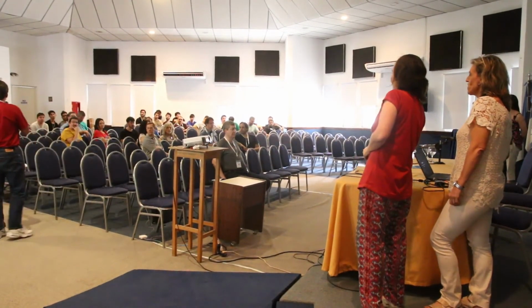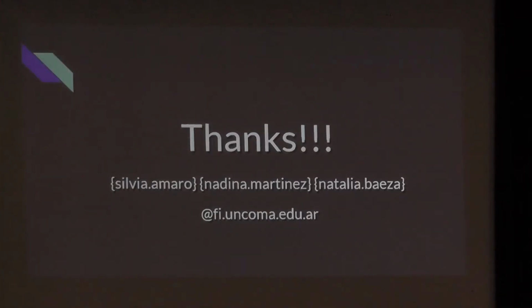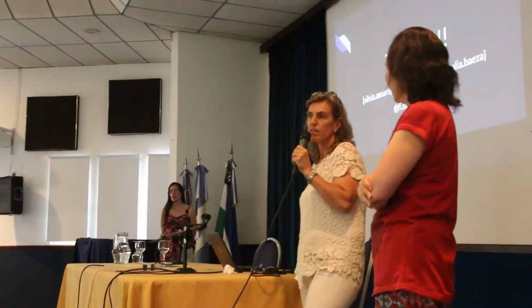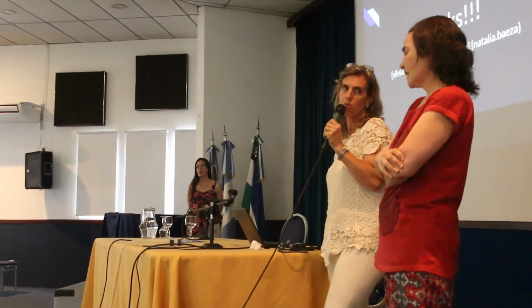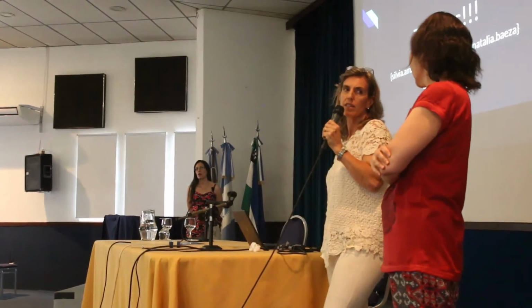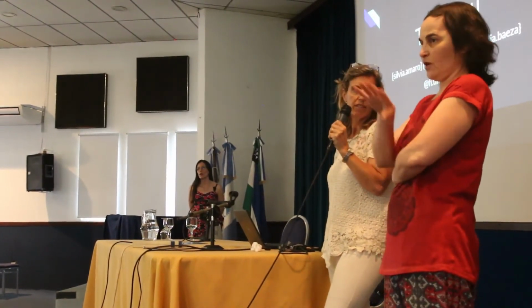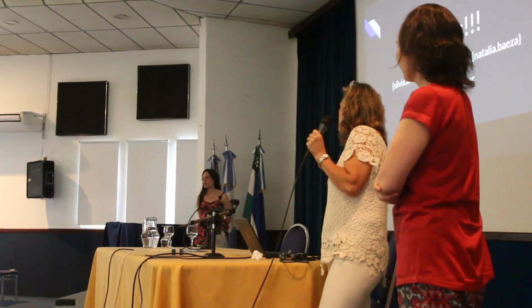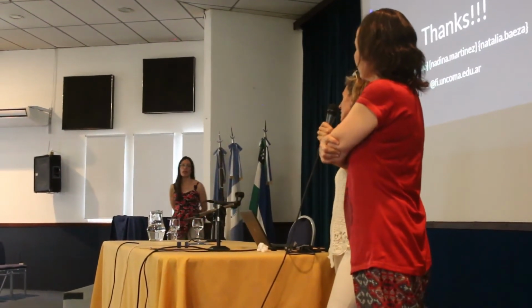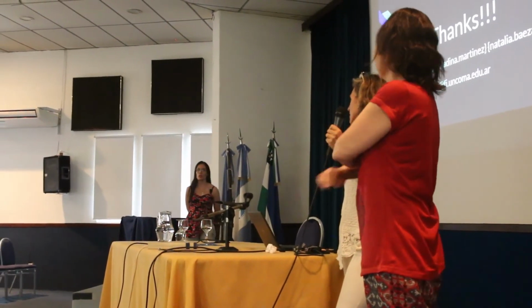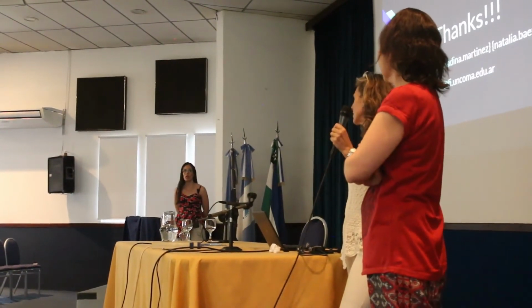Other question? How many students per year do you have taking the object-oriented classes? It varies, but for example, in the first year we have 60 or more. This year we have 60 or 70 students at the very beginning, the first year, but at the third year or the second year we have, I don't know, 40 maybe.